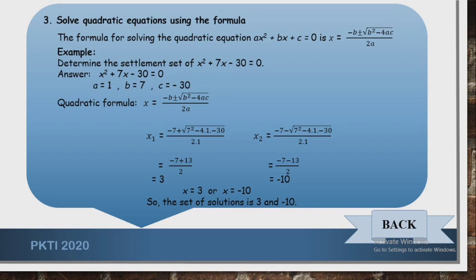x1 = (-7 + √(7² - 4·1·(-30))) / (2·1) = (-7 + 13) / 2 = 3, and x2 = (-7 - √(7² - 4·1·(-30))) / (2·1) = (-7 - 13) / 2 = -10.